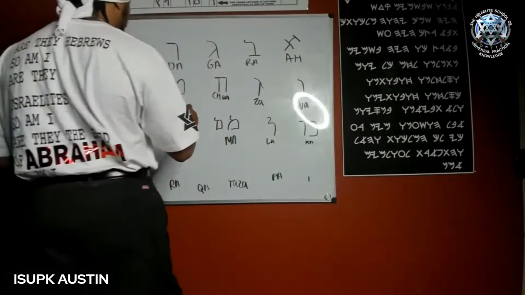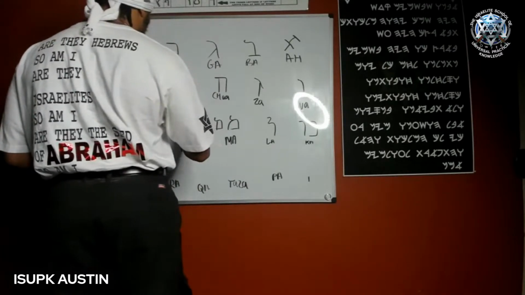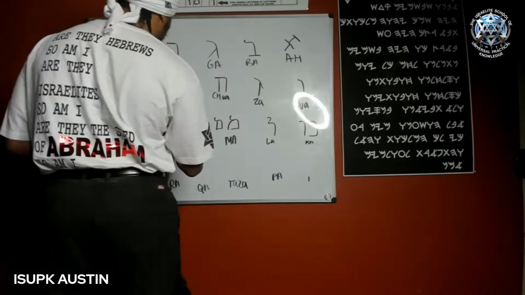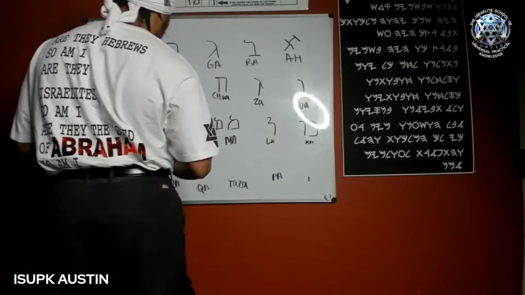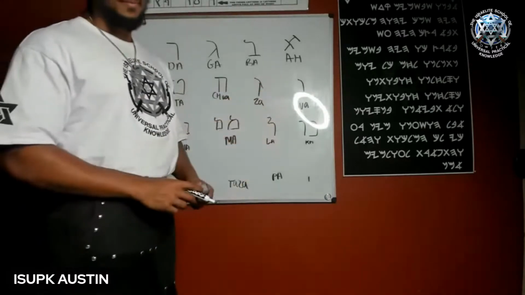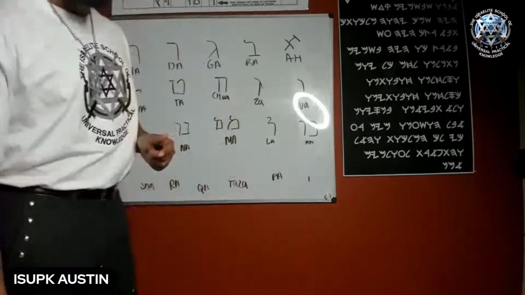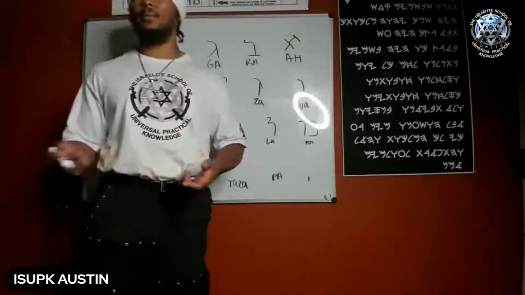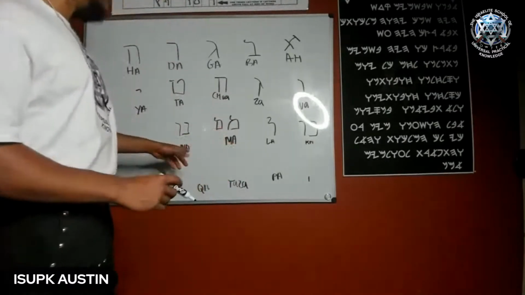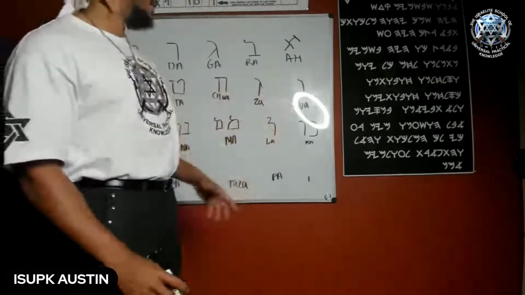Now we have Na, right? It's also got two characters for Na. One thing you're going to understand about this: when you're writing Assyrian, you want to be careful how you write the characters because they could look like something else. When you're reading it, you've got to pay attention to detail, because in the Blue Letter Bible, or Bible Hub, the lexicon, the concordance, whatever you want to use, you have the ending Na, but you also have Wa, which looks familiar.